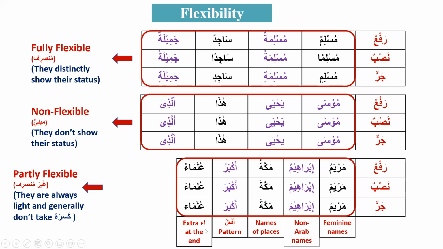All right, that's it. There are a couple of other categories, but we can skip them for now. Inshallah, once we have memorized these categories, we will learn more about the other categories. There are just a couple left, but to keep it simple, I'm introducing you to partly flexible words with the help of these five categories.